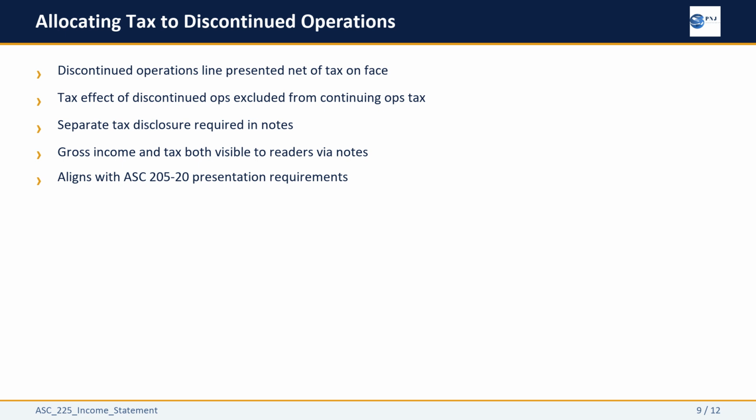However, readers still need visibility into the pre-tax income and the tax charge separately, so ASC 740-20-50 requires disclosure of the tax effect in the notes. This two-layer approach, net on the face, gross in the notes, gives readers both the clean summary and the underlying detail.